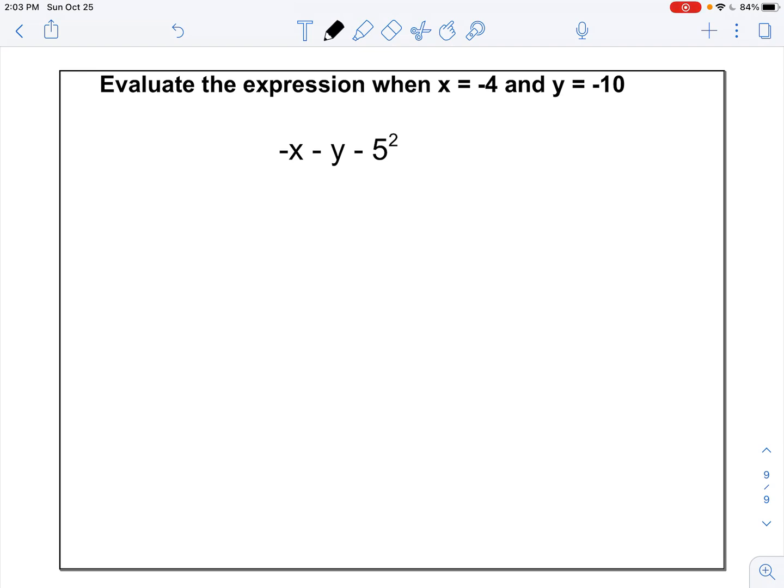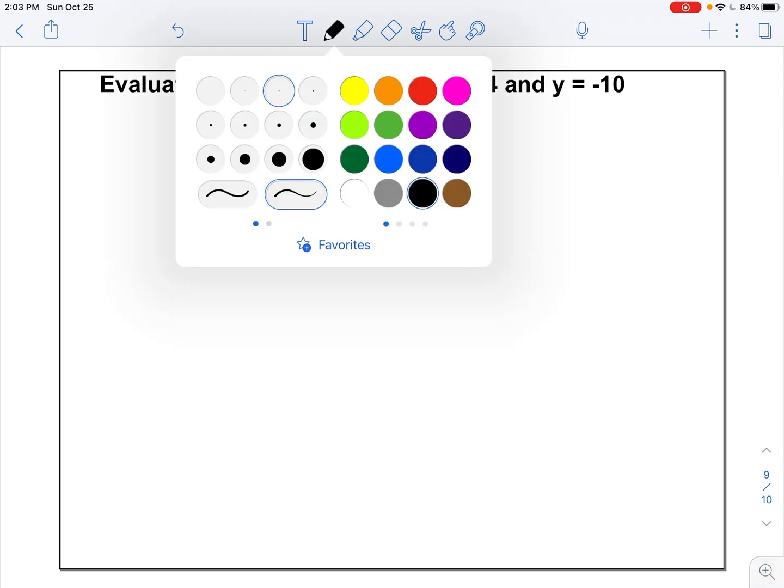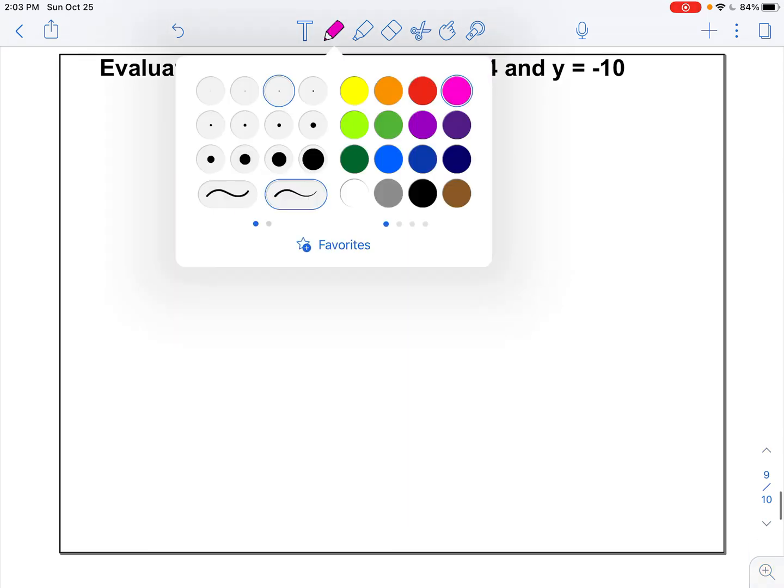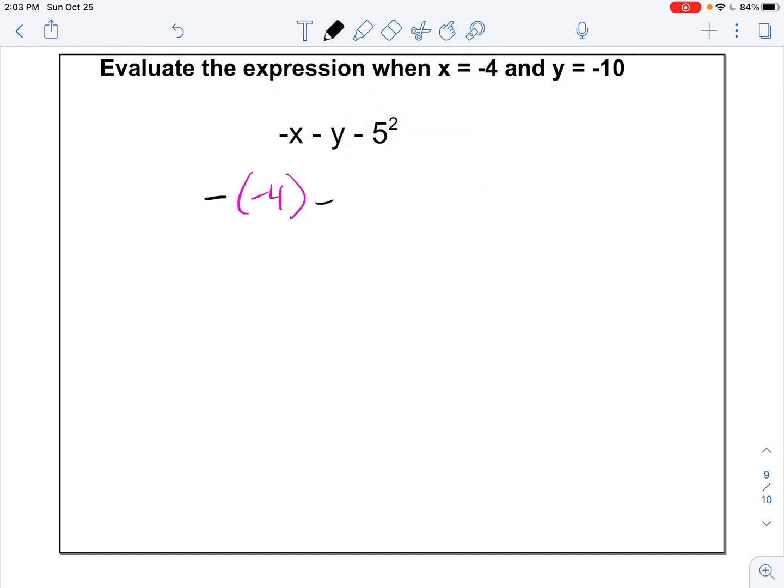Again, substitute them in. This is the last one, so stick with me. This is the opposite of x, minus y minus 5 squared. So x is -4. I'm just going to switch back and forth here.